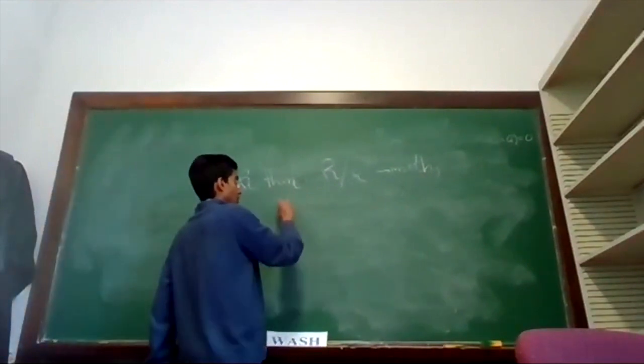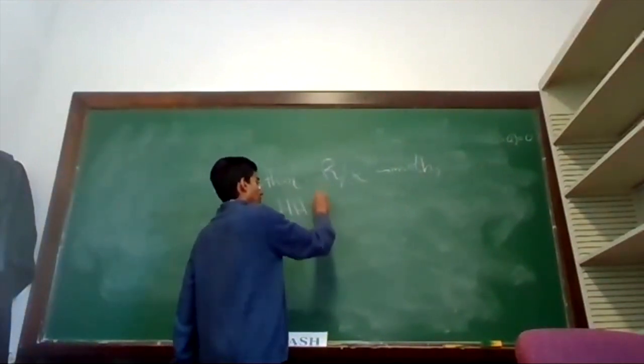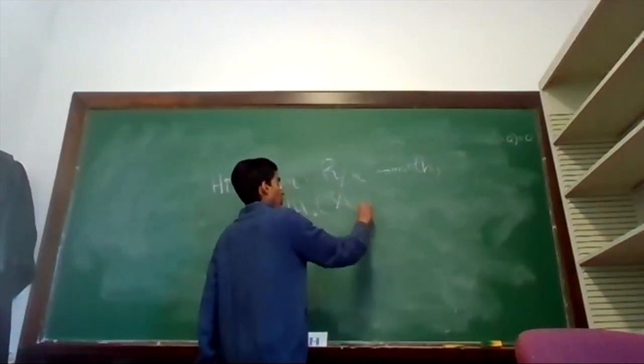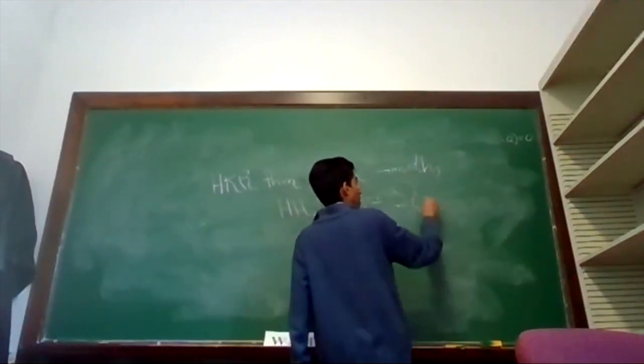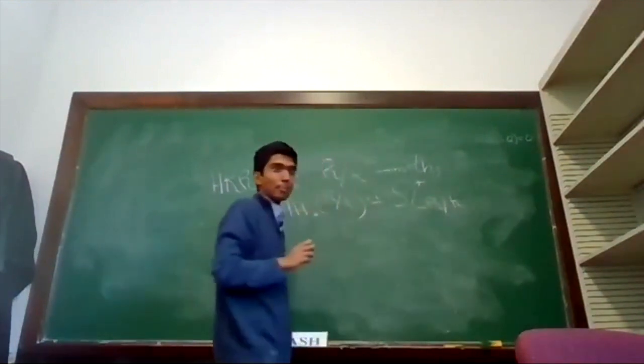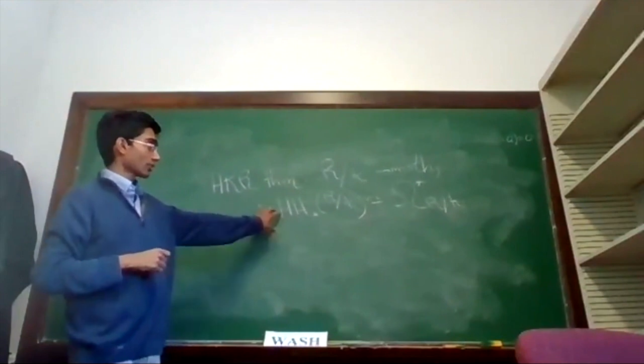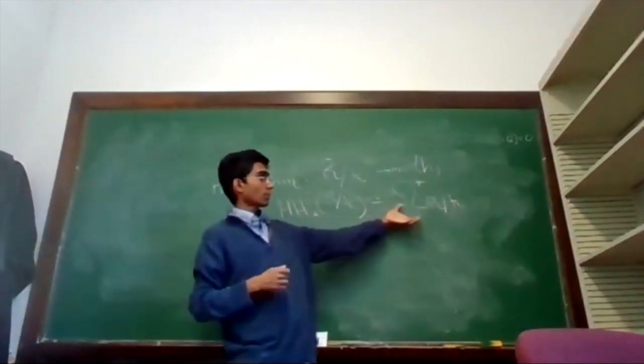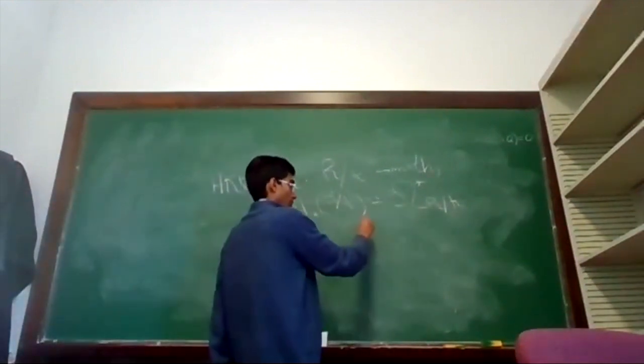The Hochschild homology groups of R over K are canonically isomorphic to differential forms on R over K.